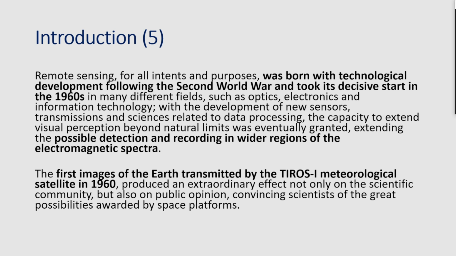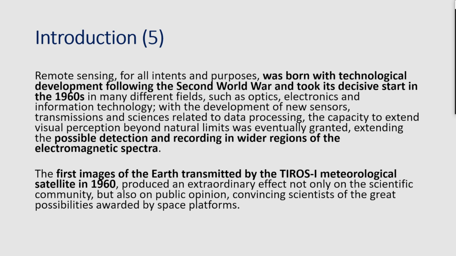Introduction 5. Remote sensing, for all intents and purposes, was born with technological development following the Second World War and took its decisive start in the 1960s in many different fields, such as optics, electronics and information technology, with the development of new sensors, transmissions, and sciences related to data processing.